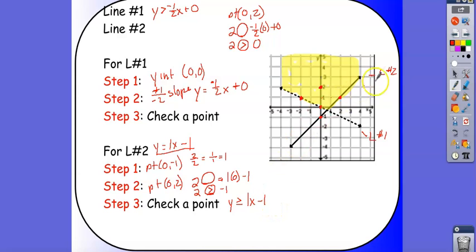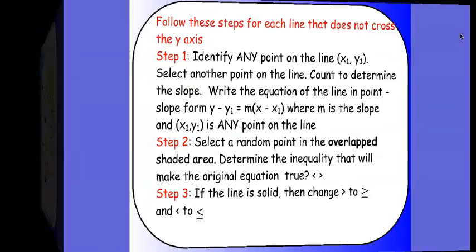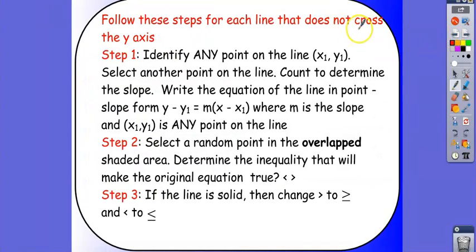Okay, let's see the next one. Now what happens if it doesn't cross the y-axis, or you can't exactly see where it crosses the y-axis? In that case, you're going to have to use point-slope form.